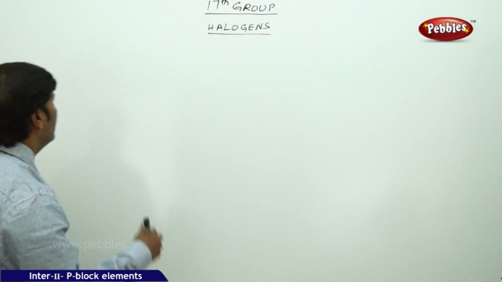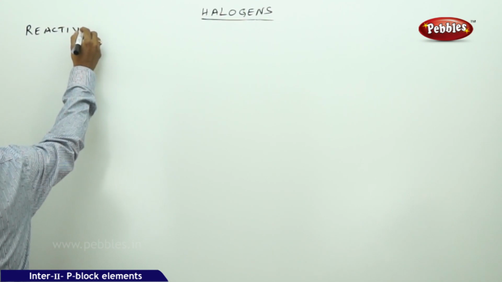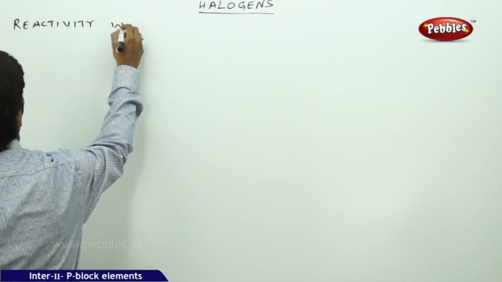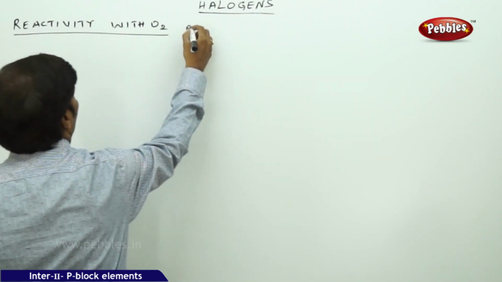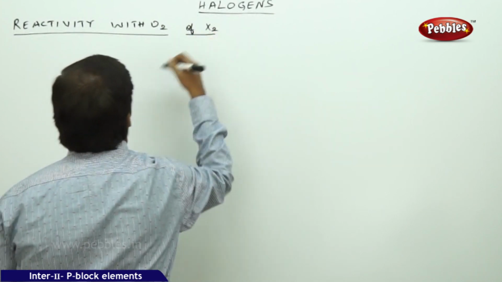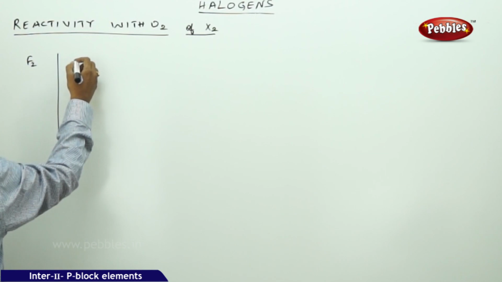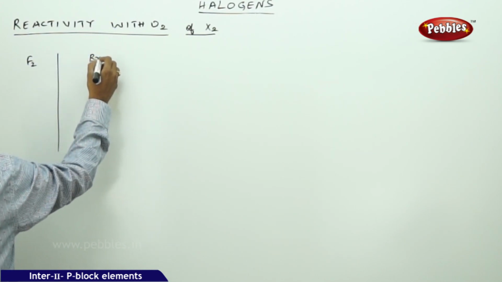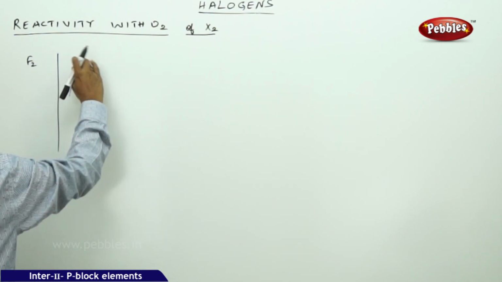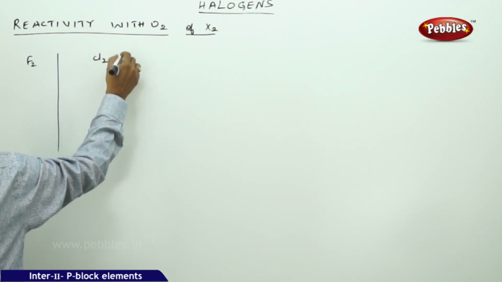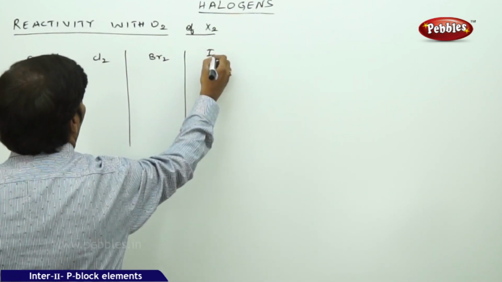The next part of the discussion is the reactivity of halogens X2 with O2. So here I can take F2, Cl2, Br2 and I2.